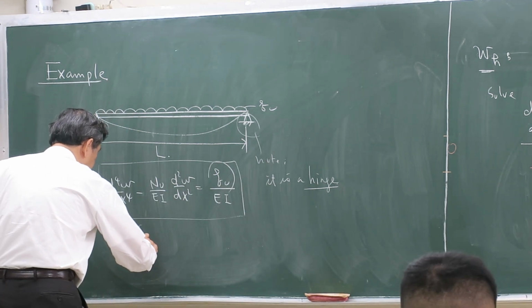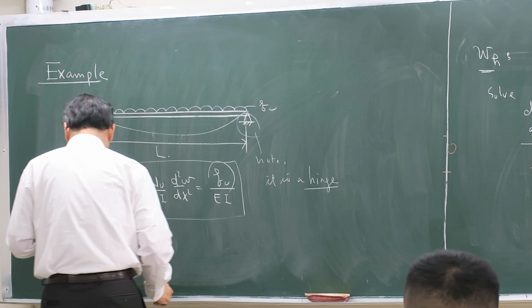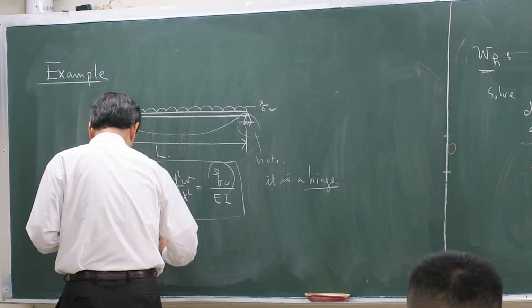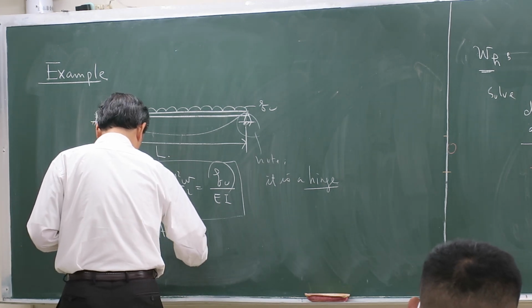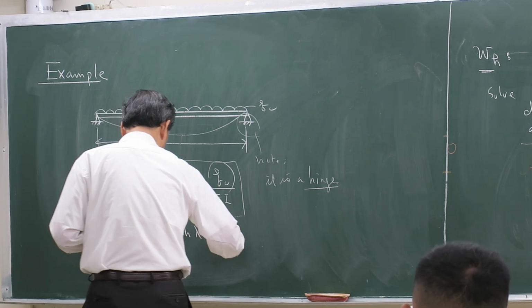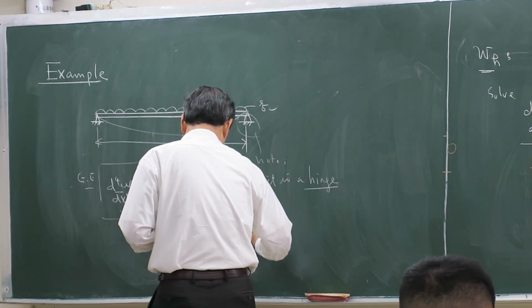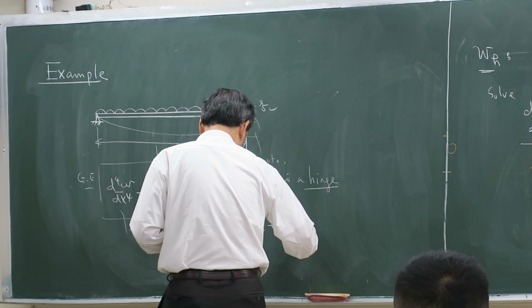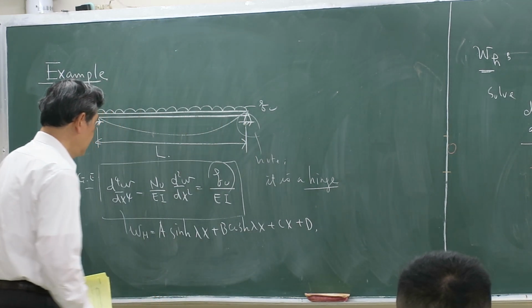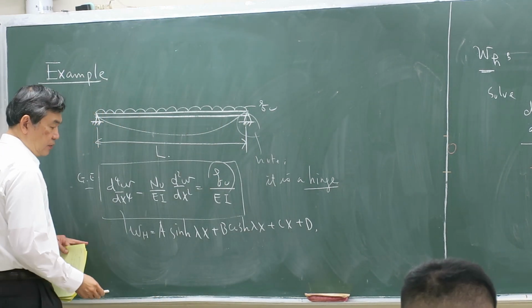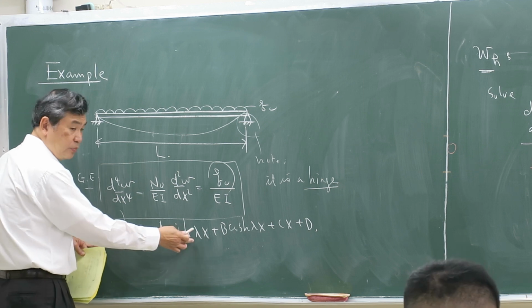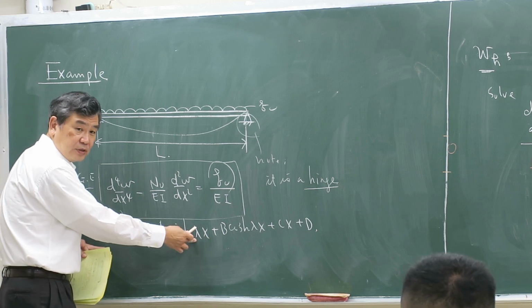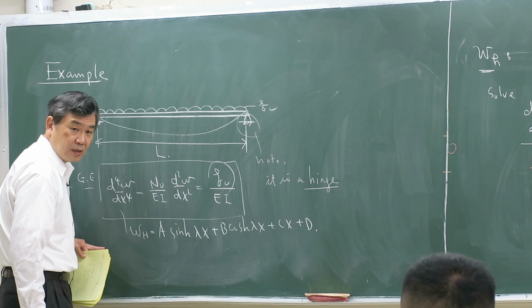My homogeneous solution, which I already got, is A hypersine lambda x plus B hypercosine lambda x plus Cx plus D. Be careful. A lot of students directly put the boundary condition here to determine A, B, C, D. Can we?